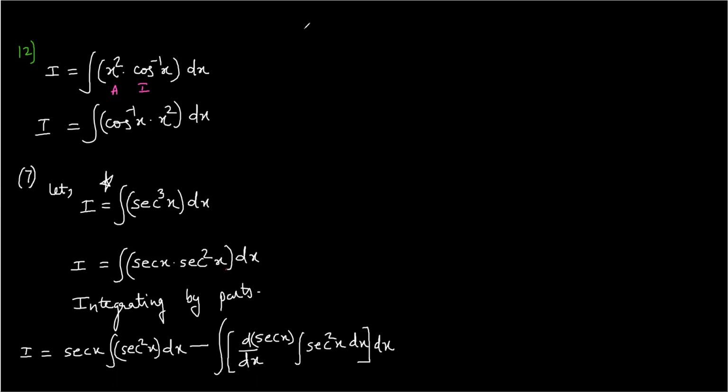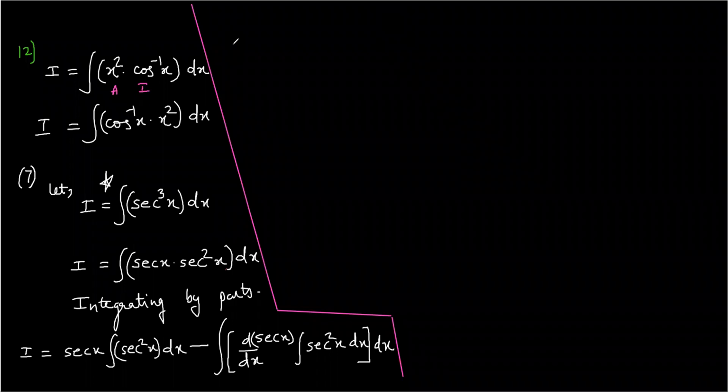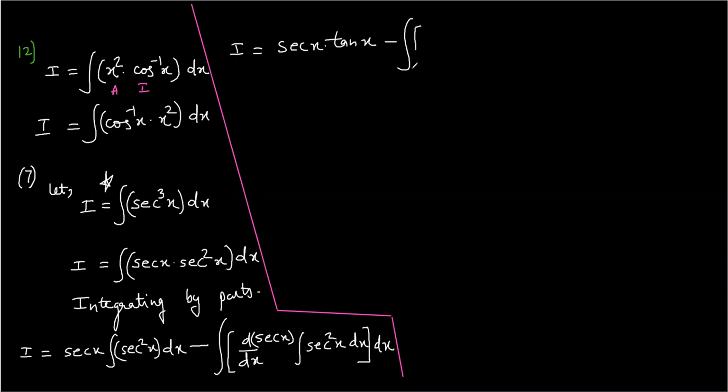So the next step I get is I equals sec x, and integration of sec square x is tan x, so sec x tan x, minus big integral d by dx of sec x.